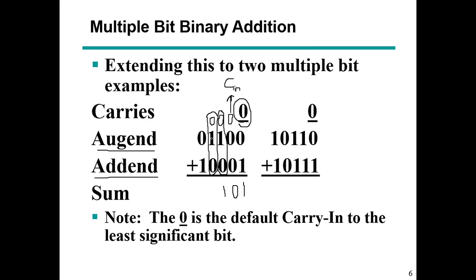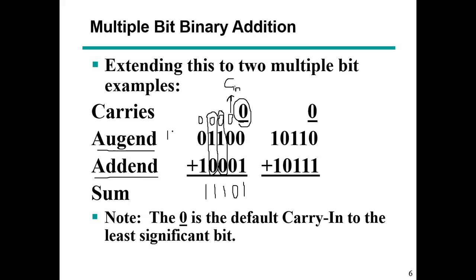Now add these 3. Again we'll get the sum equal to 1 and the carry equal to 0, and then add these 3, we have the sum equal to 1. Now let's get here. You can look at the decimal values of these numbers. So this is 8 plus 4, 12.